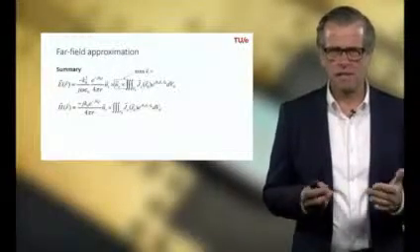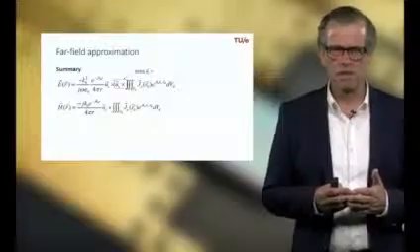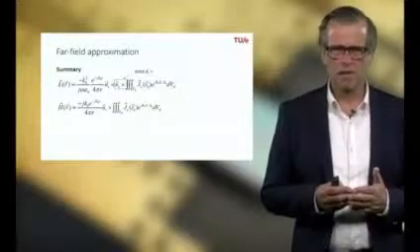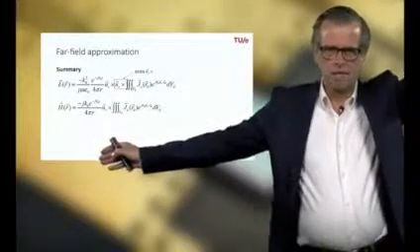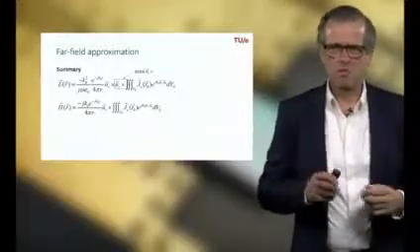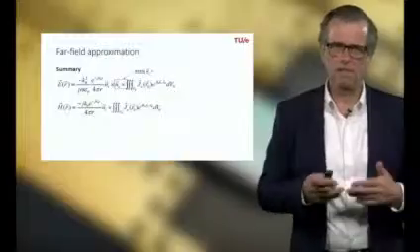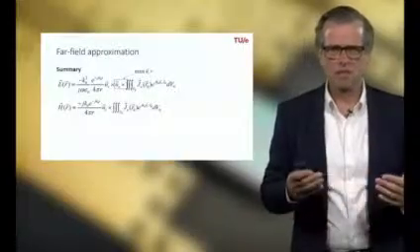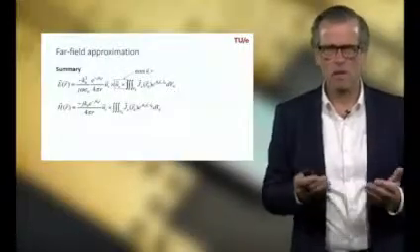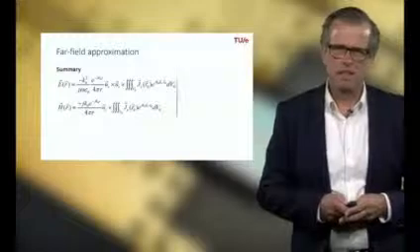And that means that the electric field is perpendicular to the magnetic field, like this. And that's what we are looking for, because we already said before that in the far field, the electromagnetic field behaves like a TEM wave, a plane wave. And that's indeed what's happening.